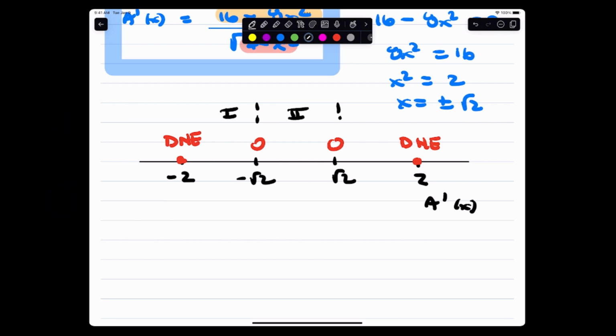Region 1, region 2, region what? 3. So you guys are going to need some test points. What's available? 0. Okay, and what's bigger than the square root of 2? Isn't that 1.5 maybe? 3 halves? Use maybe 1.7. Maybe minus 1.7. Test points.